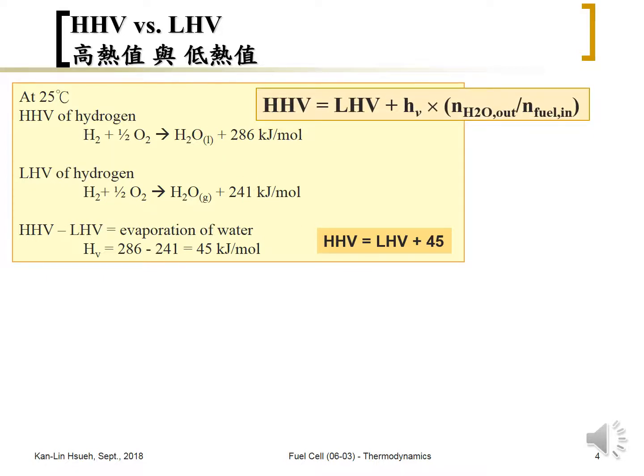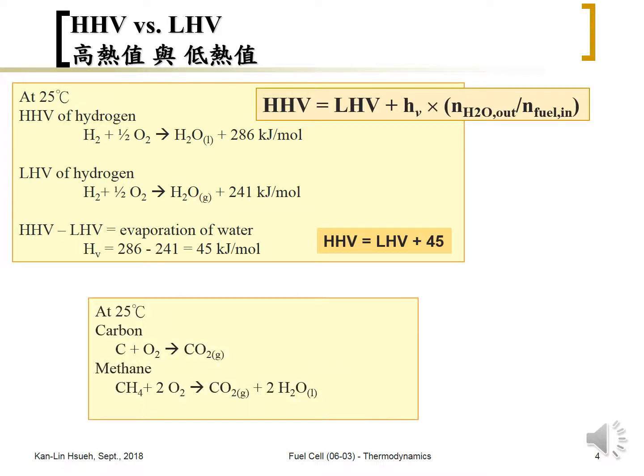In general, we can write this equation: the high heating value equals the low heating value plus the heat of evaporation of water multiplied by how many moles of water will be released per mole of fuel. So if the chemical contains more hydrogen, the difference between the high heating value and low heating value is greater. It depends on how much water will be released.